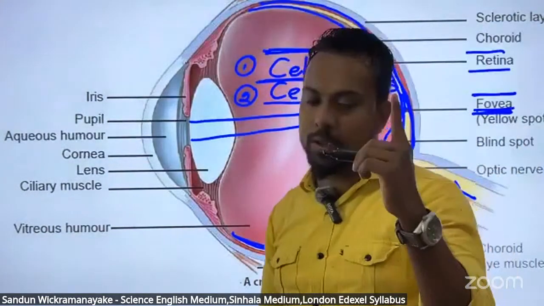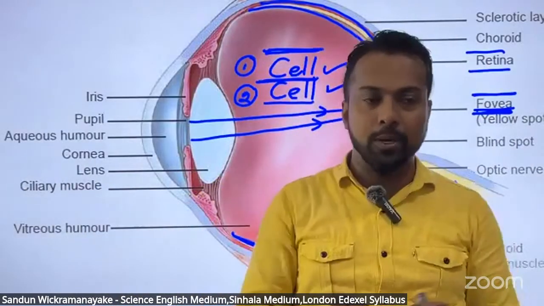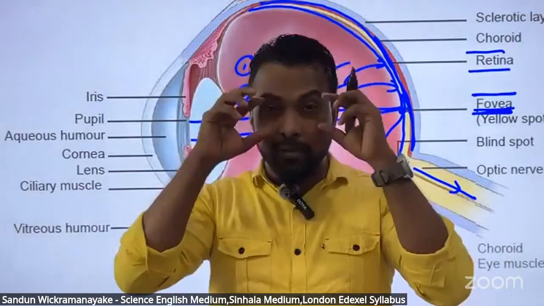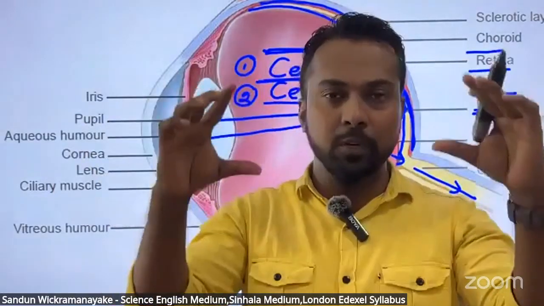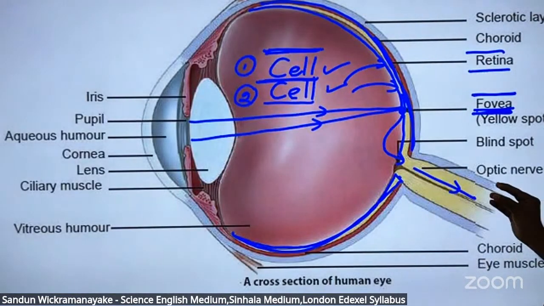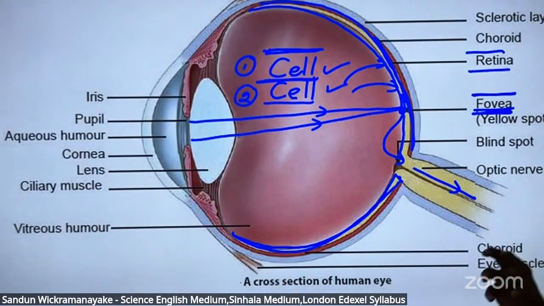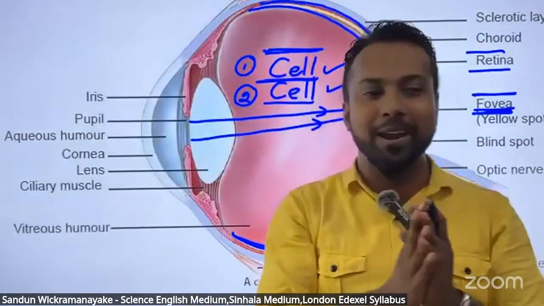That's how we see objects in this world, through this eye. If you have a good couple of eyes, it's not enough to observe the object. We need two optic nerves, and we need a single brain to do that. Okay.